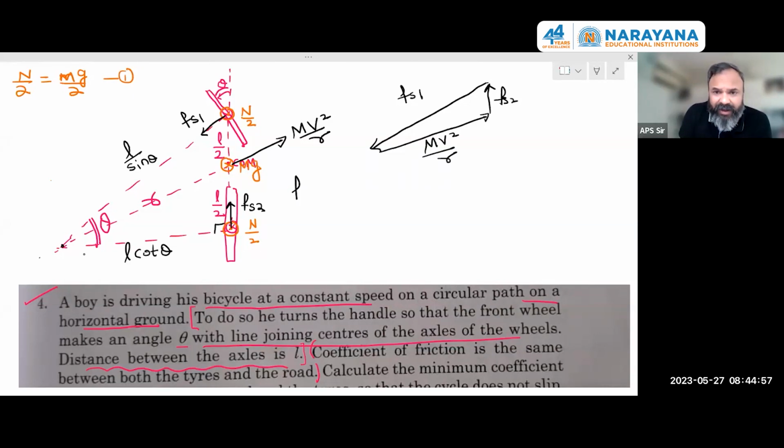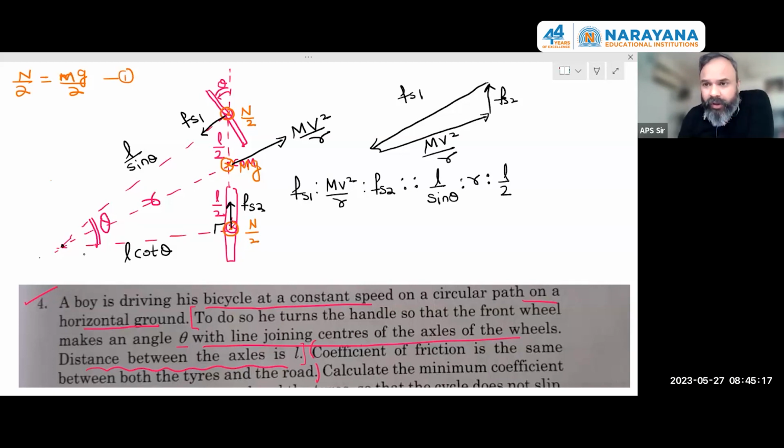So let me say that Fs1 is to mv square upon r is to Fs2 should be basically equal to the ratio of lengths of these sides. So it is actually L by sine theta is to r is to L by 2. And now it is a one-line problem, because once you write this, that the resultant of these three vectors are 0 and they are along the sides, this triangle and this triangle is proportional or similar.